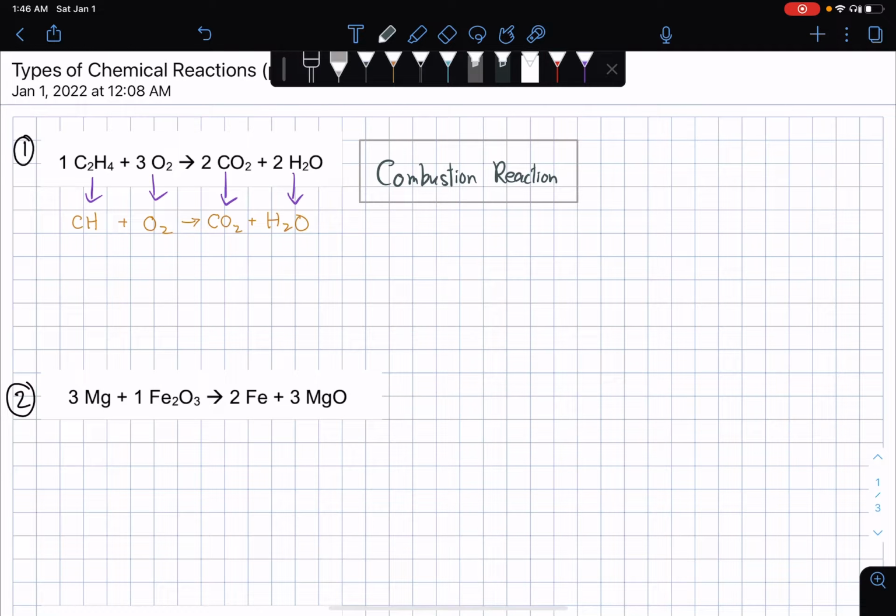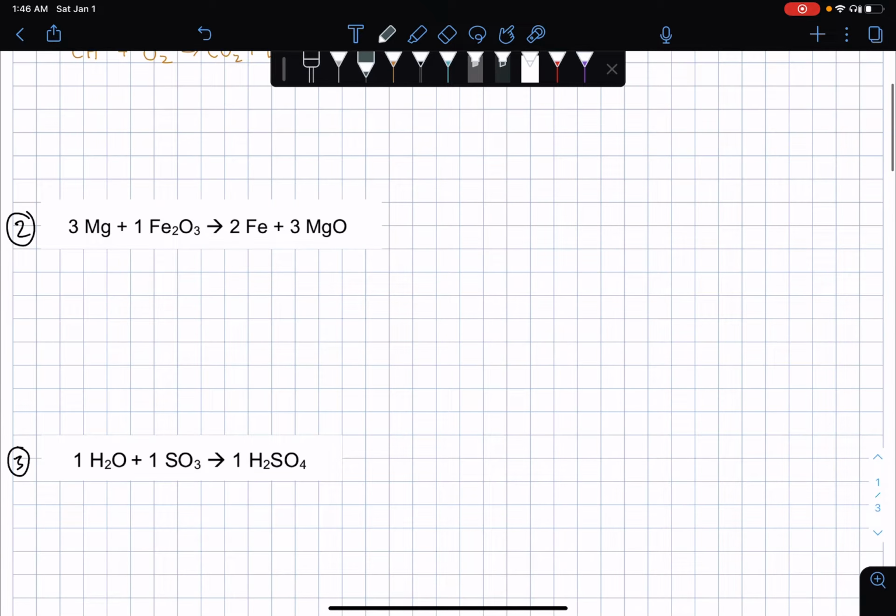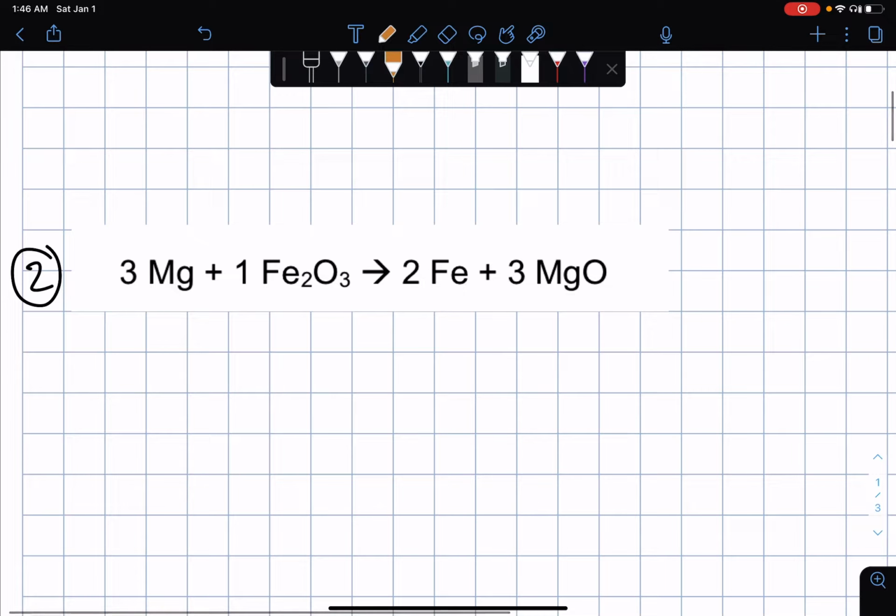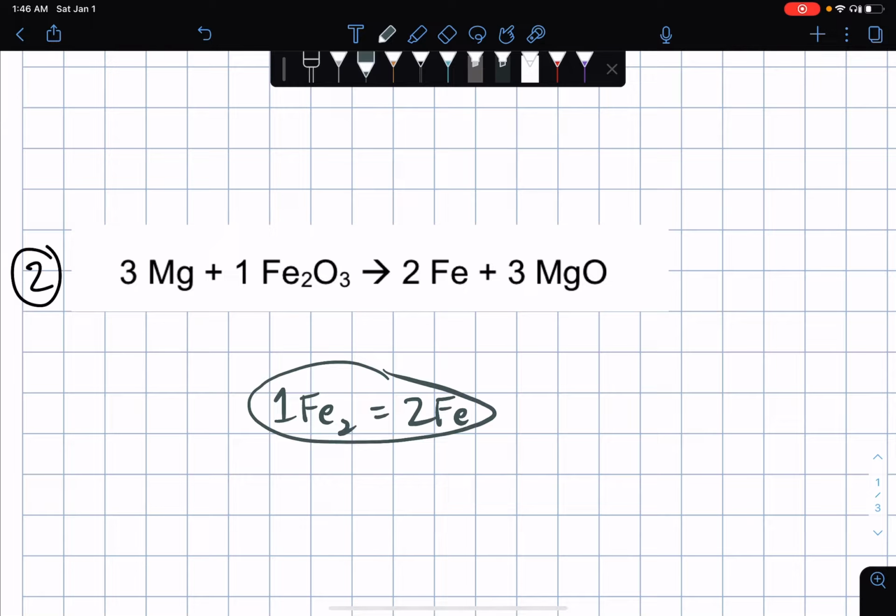There you go. Let's move on to number 2. Let's analyze. 3 Mg plus 1 Fe2O3. One thing for sure is that 1 Fe2 is equivalent to 2 Fe. They're written in different ways, but they're basically the same.